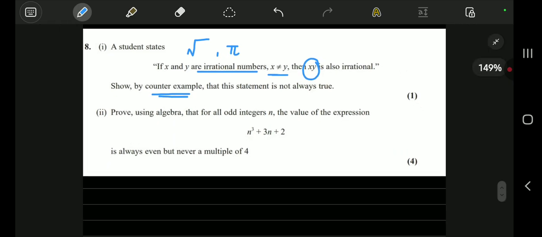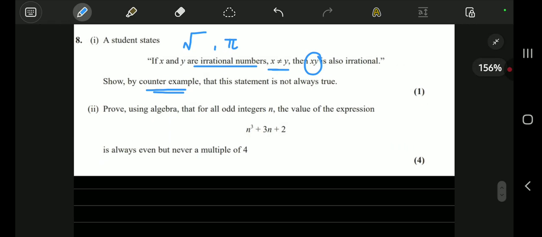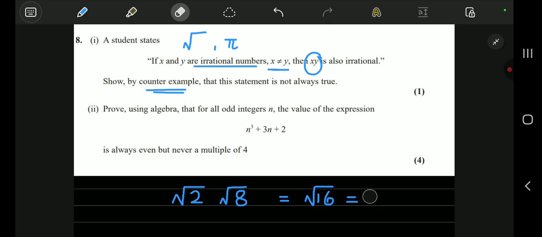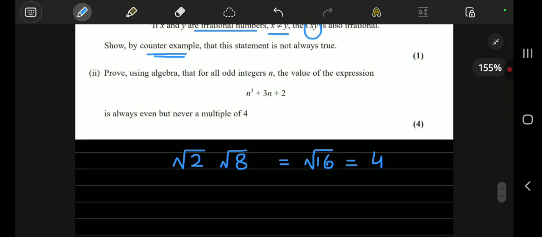We need to show that if you take two irrational numbers, let's suppose root 2 and root 8, their product will give you root 16, which is equal to 4. Okay, this is giving you a product, and 4 is a rational number.